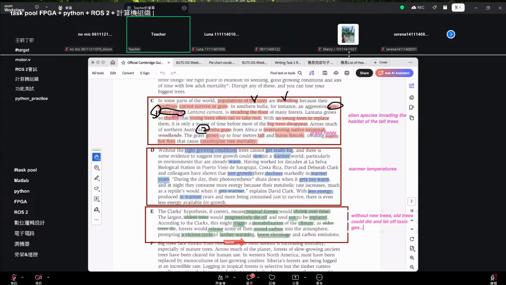I'll just put it that way because we will know about stored carbon, right? So the toxic carbon would prevent further growing for trees. Okay, so prevent forests from developing.